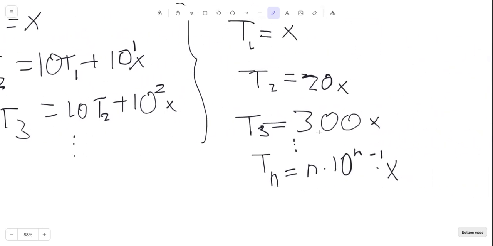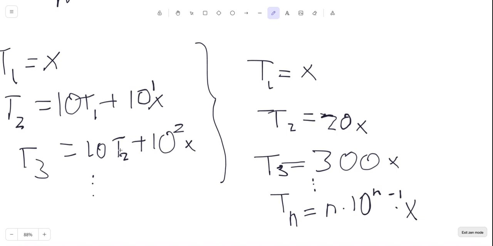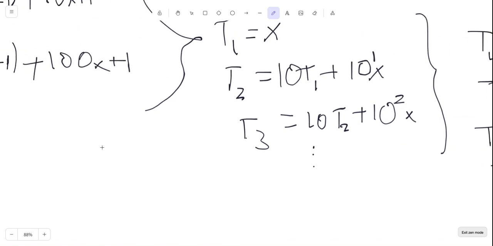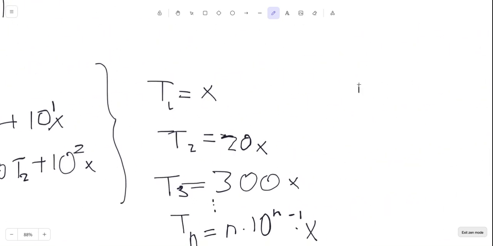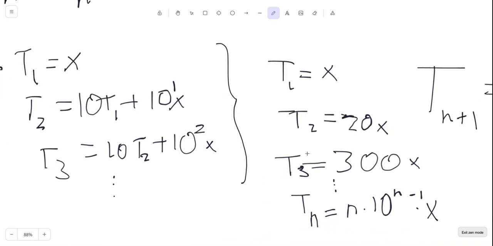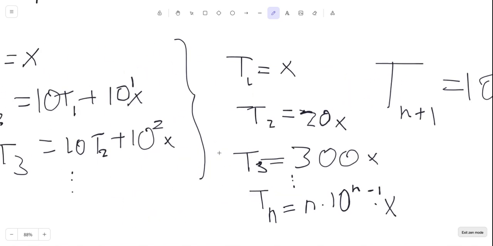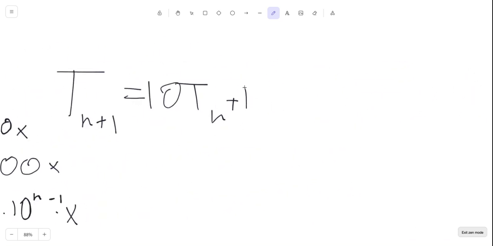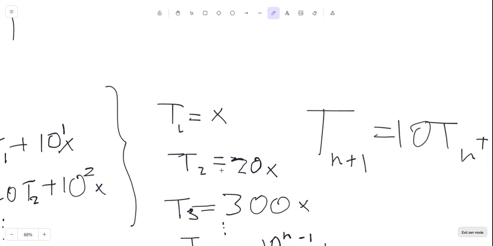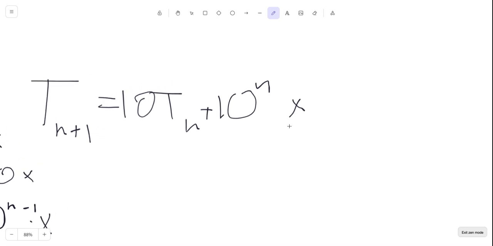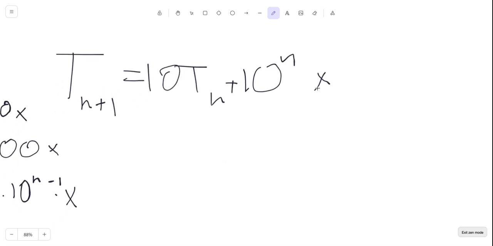If you try using induction, you plug into the recursive formula, which we know is true if you look at our original logic, plus 10 to the n x. This is the formula that seems to hold up. It holds up for the first few terms.